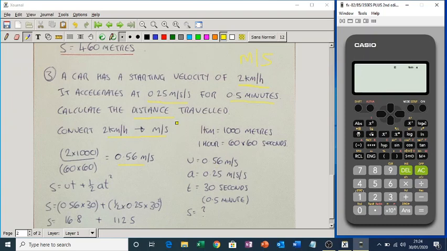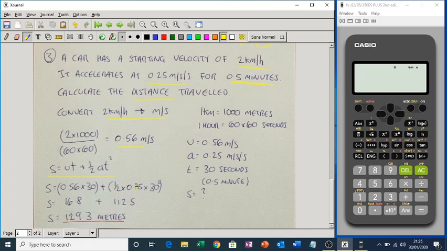0.56 is the starting velocity, meters per second. Acceleration is 0.25, and 30 seconds because it's 0.5 of a minute. So 60 times 0.5 will give you 30 seconds. Don't use 0.5, use 30 seconds. Then it's just a case of using that formula there, S equals ut plus half at squared. We know u, we know t, we know a, and we know t. Make sure you use the meters per second and the seconds.